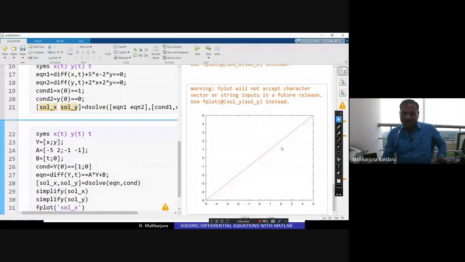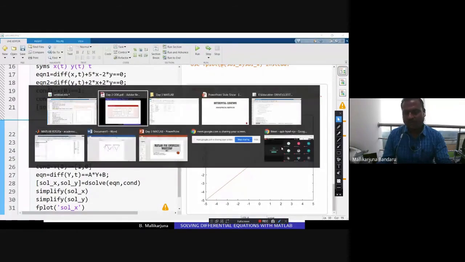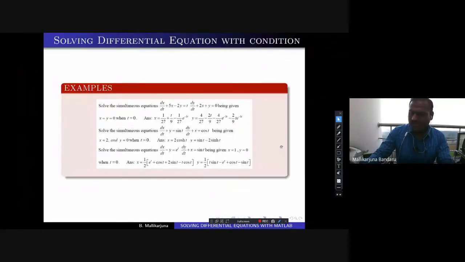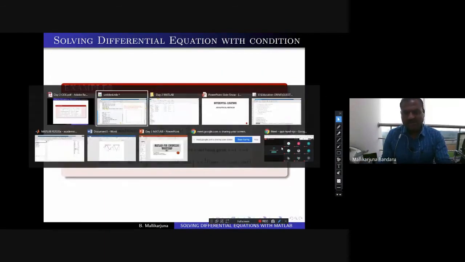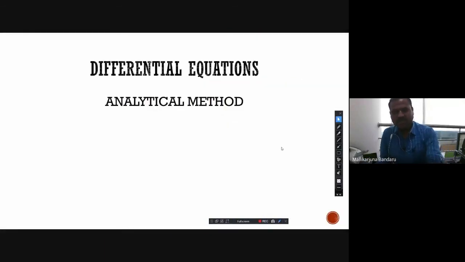Suppose the system of equations is a nice one and gives the analytical solution properly, then it is easy to visualize these things. So this is how you find the solution analytically.